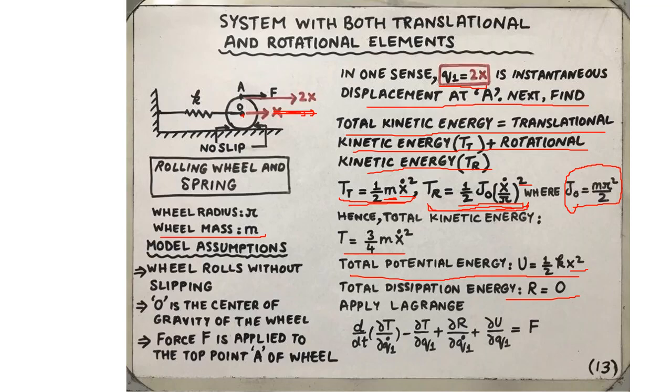And we are now ready to write down the equation of motion using Lagrange, in which the right hand side is a loading function F, which is in the same direction as that of q1, and the left hand side contains terms of partial derivatives with respect to q1 or q1 dot.